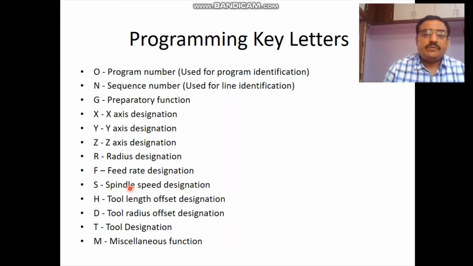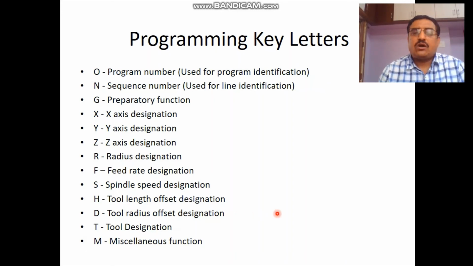Letter S defines the spindle RPM. Letter H defines the tool length offset. Letter D defines the tool radius or diameter offset. Letter T defines the tool number. And miscellaneous functions other than the actual tool action are defined by the letter M.